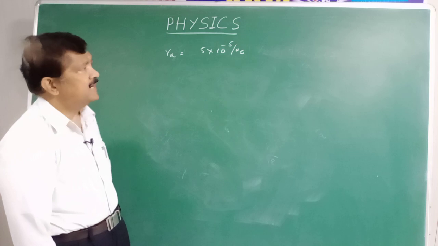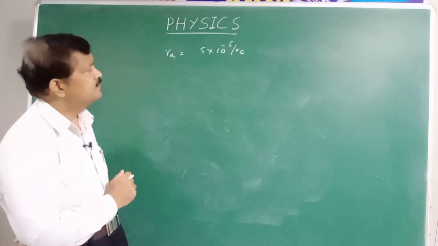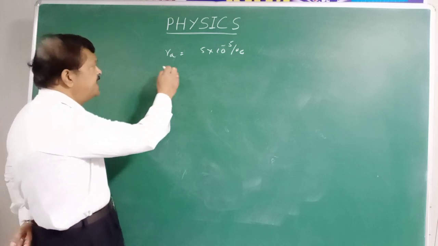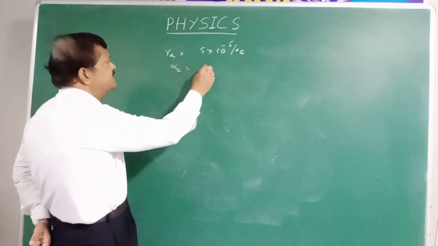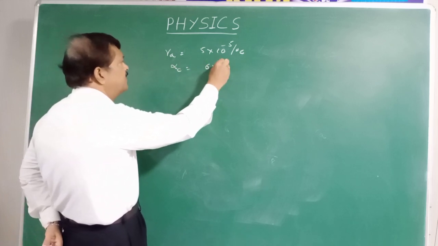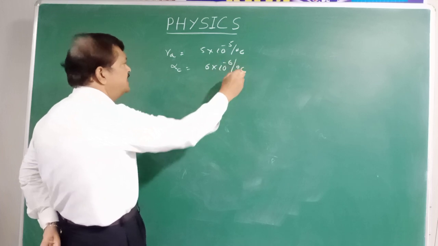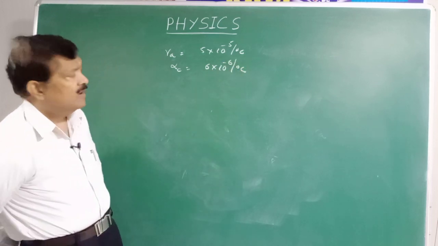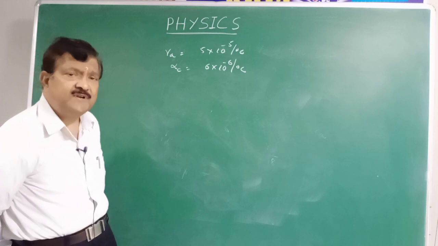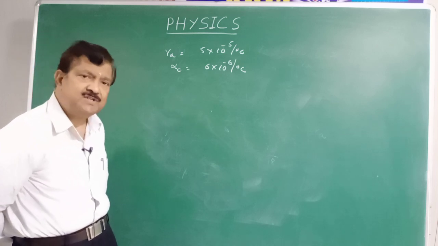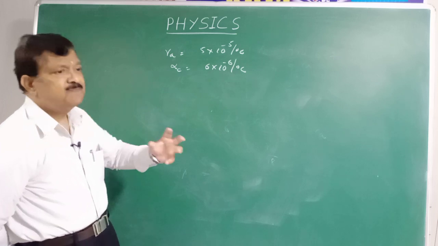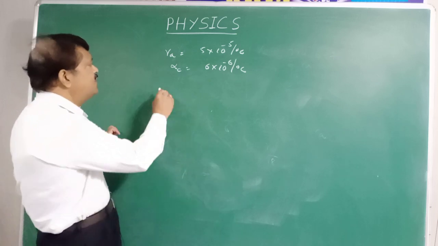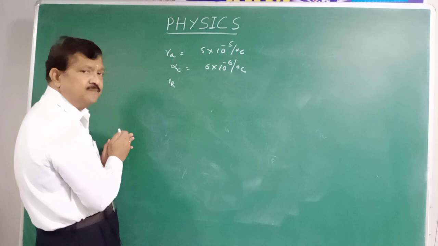For the container, the coefficient of linear expansion is given as 6 into 10 power minus 6 per degree centigrade. What is the coefficient of volume real expansion of the liquid? What is the coefficient of real expansion of the liquid? I want the value of gamma R.